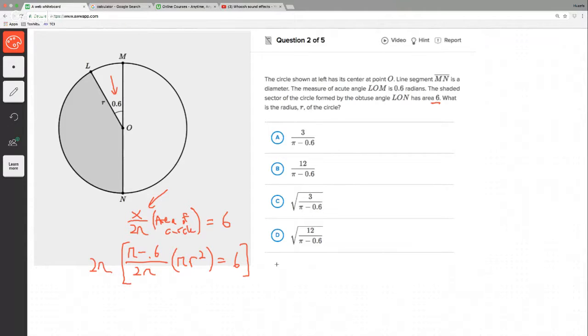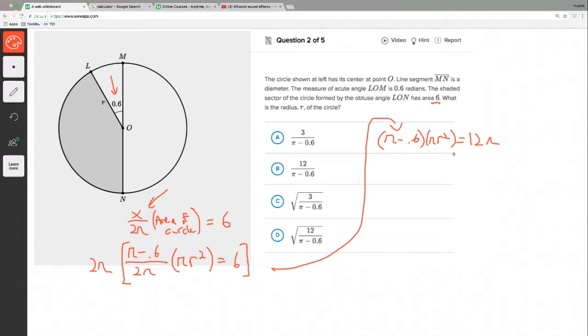Okay, so now let me go up here. Pi minus 0.6 over, oh no, we've gotten rid of the 2 pi. Pi minus 0.6 times pi r squared equals 12 pi. Beautiful. Let's distribute this.